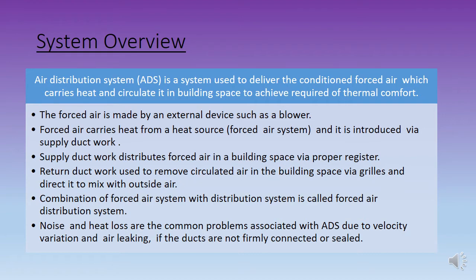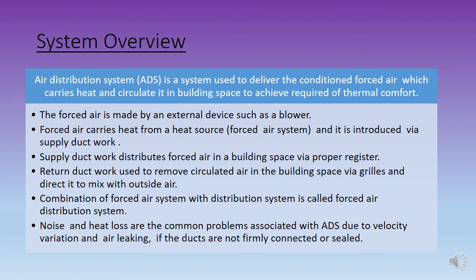An air distribution system, or ADS for short, is a system that is used to deliver conditioned forced air, which carries heat and is circulated in building space to achieve thermal comfort.